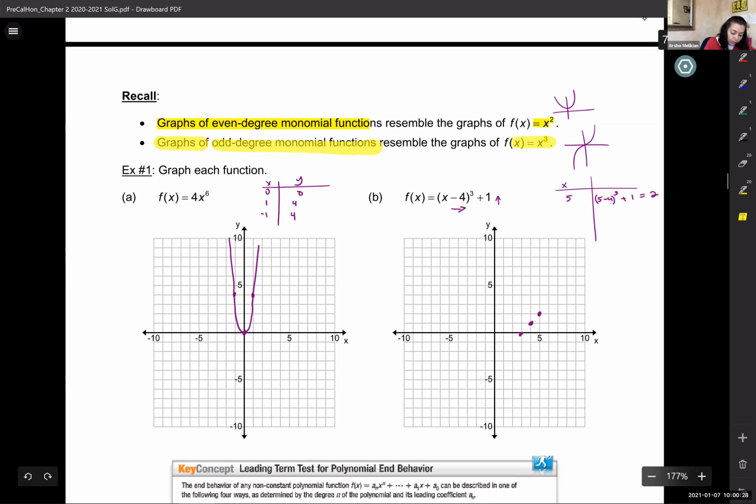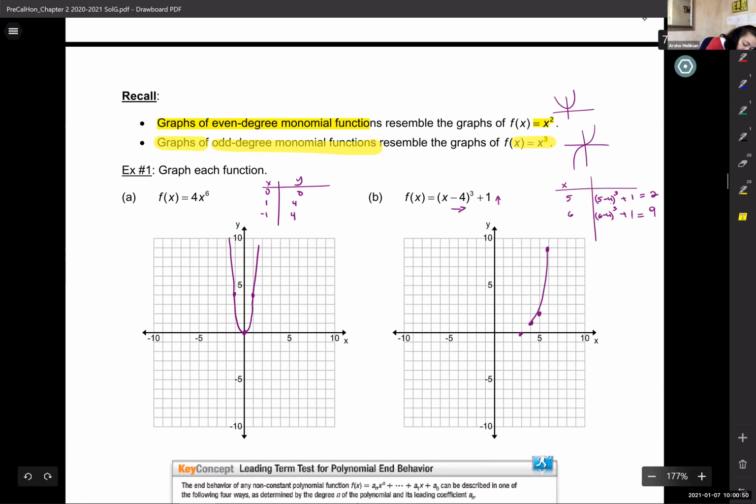Okay. And if we wanted to put some more points here, I can also put in x equals 6, and I get 6 minus 4, 2 cubed plus 1, that's a 9. Right?